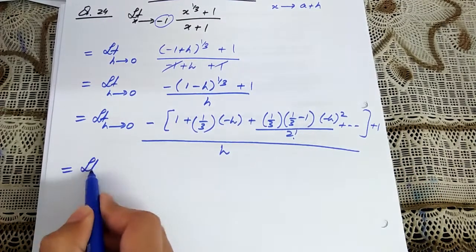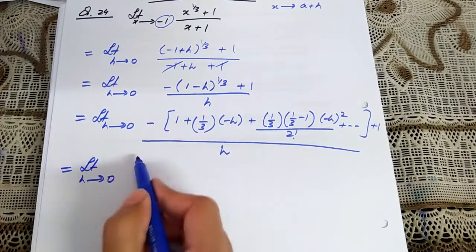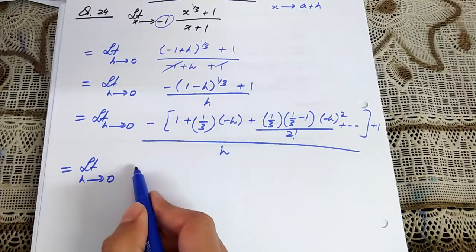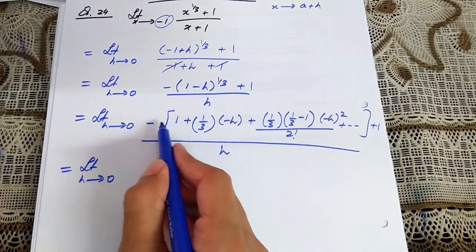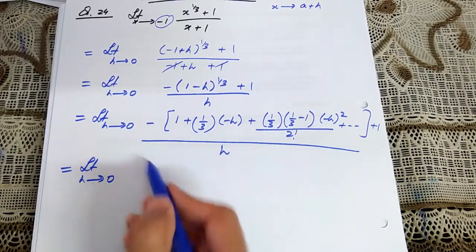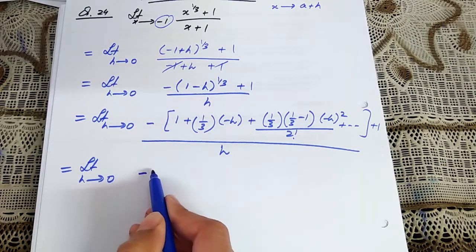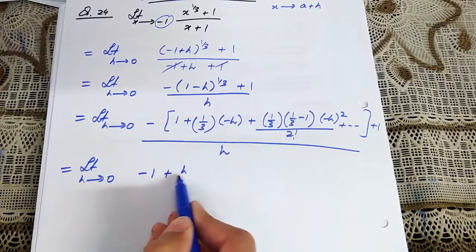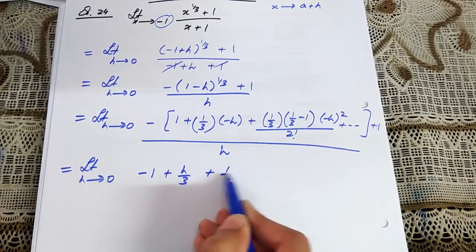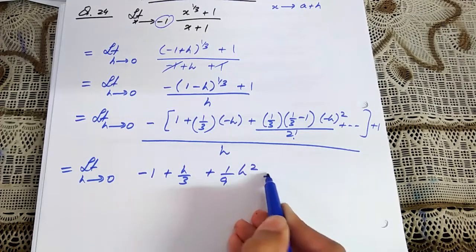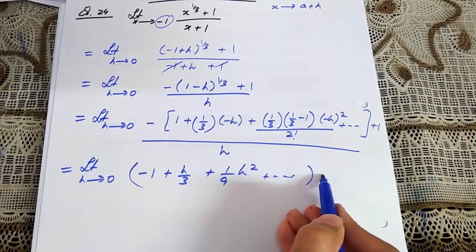Now this can be simplified as the limit as h approaches 0. Multiply the negative sign inside and open it. Simplify it. We get -1 plus h over 3 plus 1 over 9 h square plus so on, and outside we have plus 1.